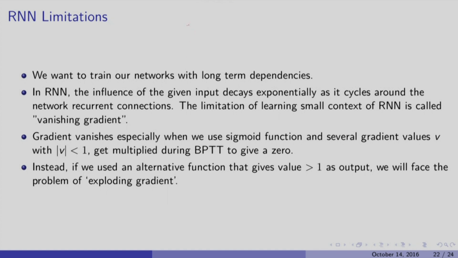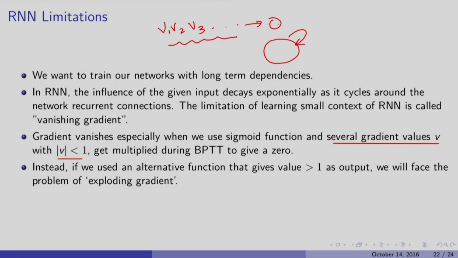So the idea is that if there are several gradient values v1, v2 and so on, and the absolute values of these v's turn out to be less, the multiplication of v1 with v2 and then v2 with v3 and so on, which happens courtesy the self loop on each perceptron, leads to the gradients becoming very small and actually tending to 0. The product of these gradients is basically going to lead to no updates for some of these states.